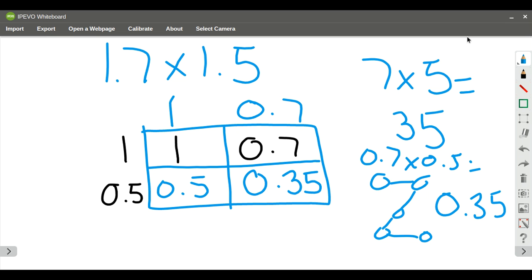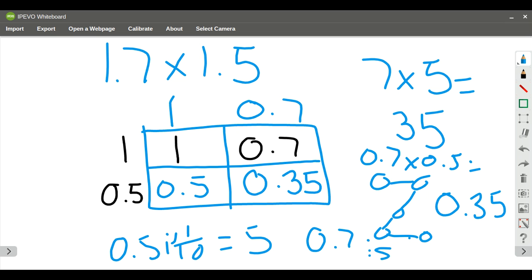The other way that I can look at that is I took 7 times 5 and I got 35. Well, 7 tenths and 5 tenths are both 1 tenth. So 0.5 is 1 tenth of 5, and 0.7 is 1 tenth of 7.